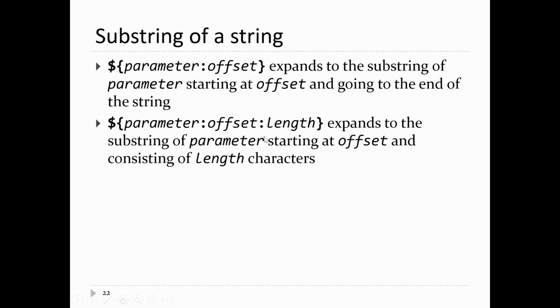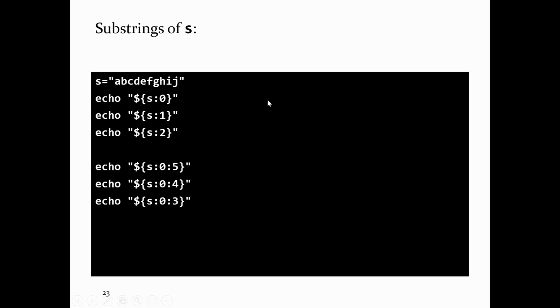If you want part of the string, you specify the offset and then how long you want the substring to be. For example, 0 and 1 would give you the first character, 1 and 2 would give you the second character, 0 and 2 would give you the first 2 characters, and so on. Again, lots of little examples.